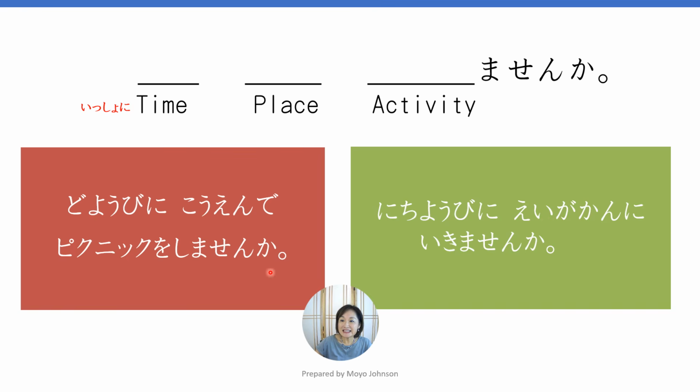And finally, the activity like ピクニックをしませんか or 行きませんか. The word 一緒に together can be placed anywhere in the sentence, but just remember that it shouldn't go at the end of the sentence.